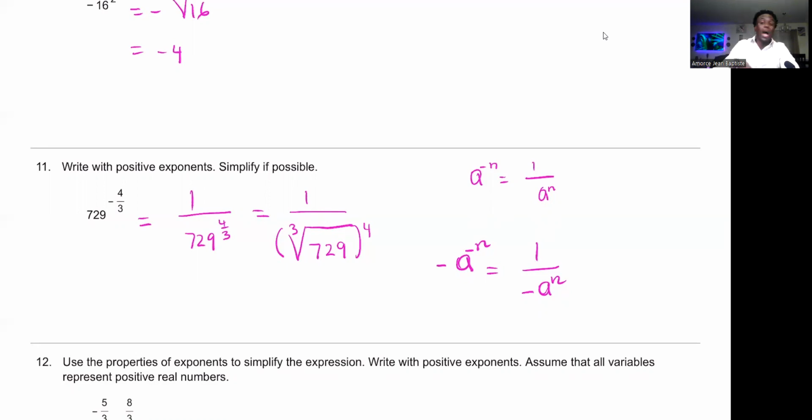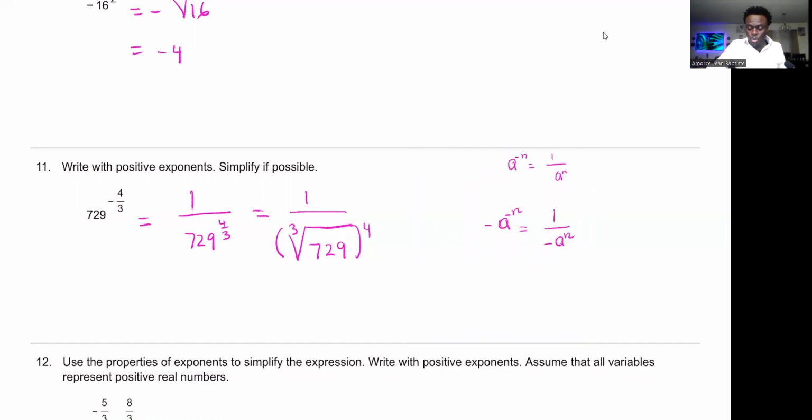729. I know obviously none of you would know this first. So that's why you have to know how to break down your number, factor the number that is inside, and make groups of identical numbers.